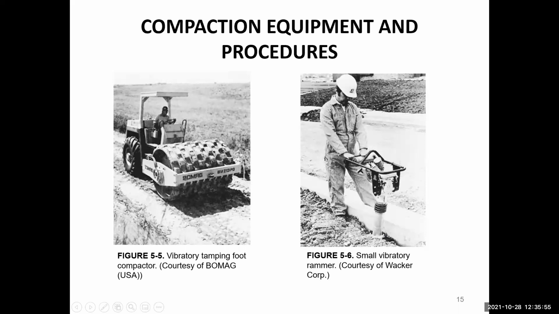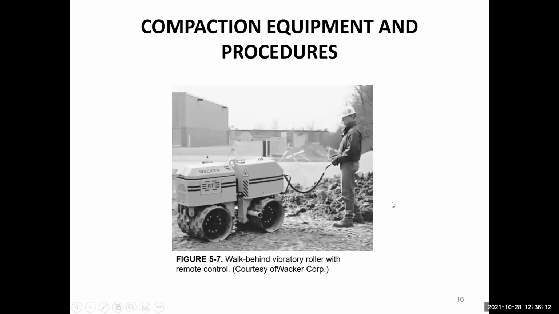And then once the compaction is provided at some point, this equipment is lifted and then placed at some other point to provide the compaction on a point-to-point basis. Another one is this compactor.